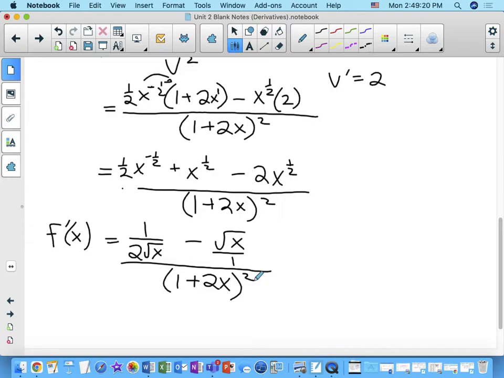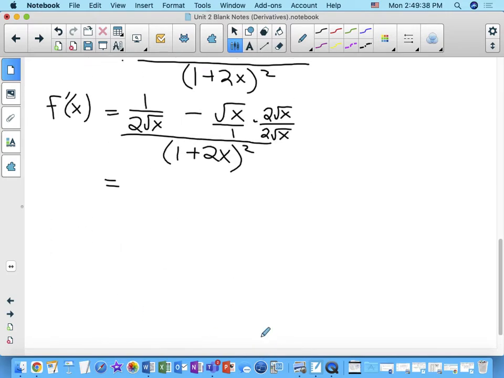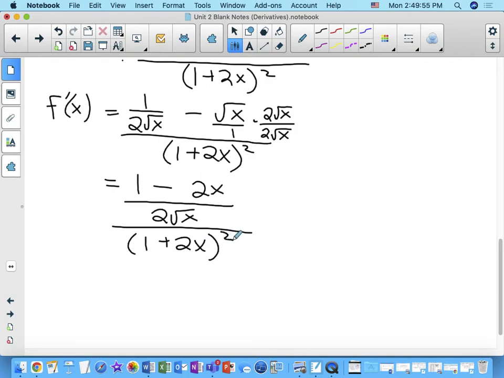So I'm going to multiply this by 2 root x over 2 root x, and I'm going to get 1 minus 2x over 2 root x over 1 plus 2x squared, because root x times 2 root x is 2x.